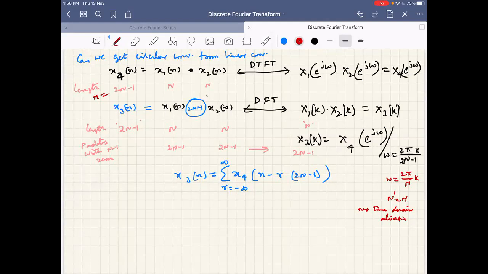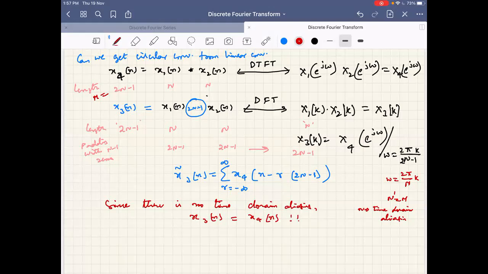So if you take one sequence, you will directly get it. Since there is no time domain aliasing, we get x3 of n. What we get here is x3 tilde of n, and what we write here is x3 of n. We can write x3 of n is equal to x4 of n.